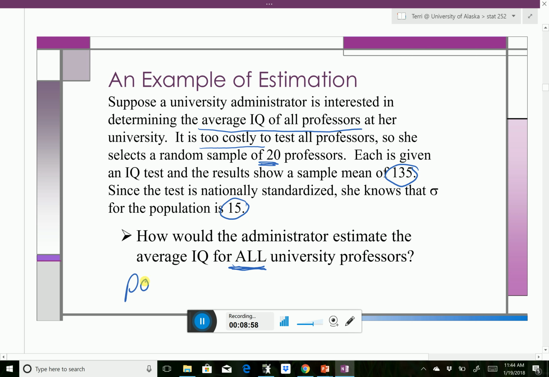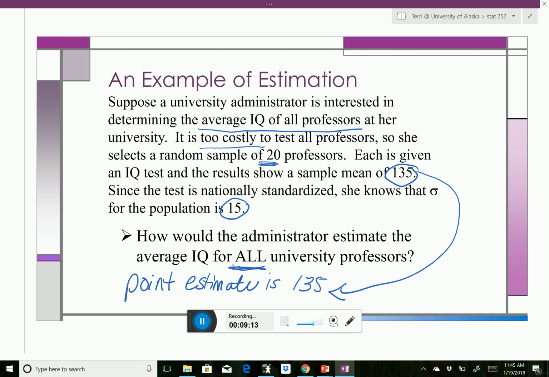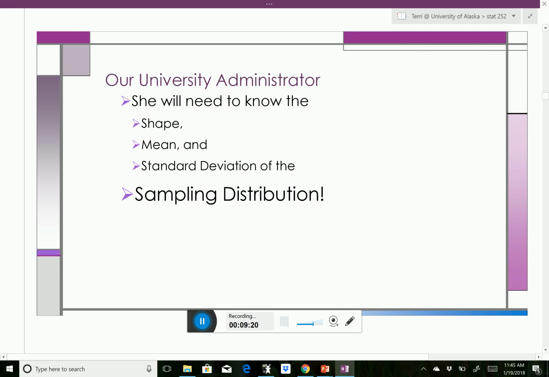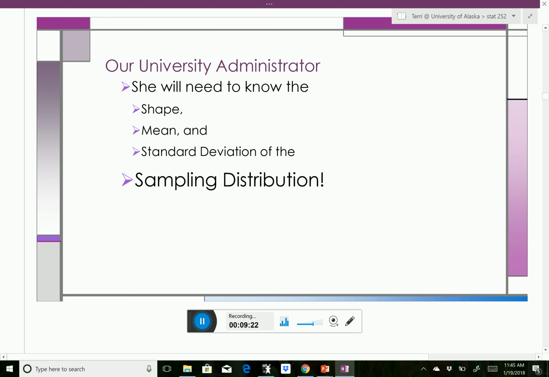So their point estimate is 135. So that is your point estimate, and that is very unlikely to be exactly right. So we're going to take all the information that we have, and we're going to create a distribution out of this.